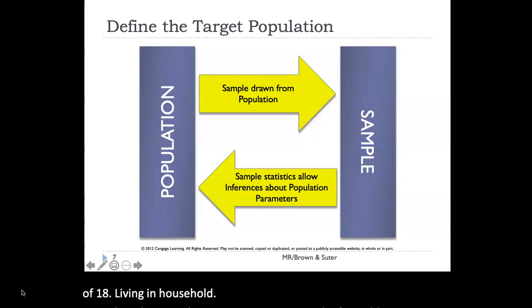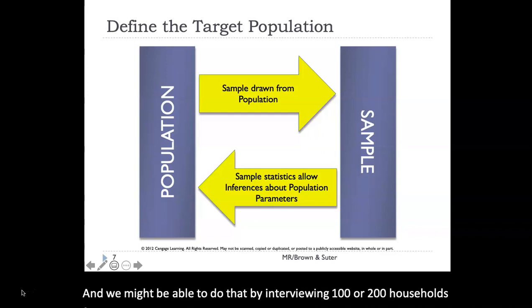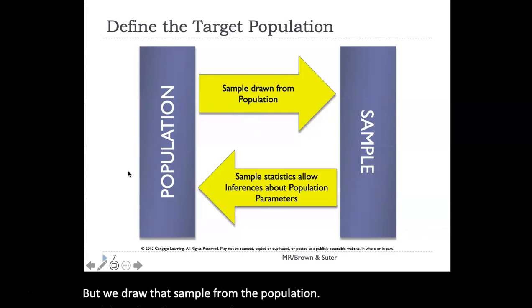And we might be able to do that by interviewing 100 or 200 households from a sample of households from the entire population. But we draw that sample from the population, and then that allows us to infer certain things about the population from the sample.